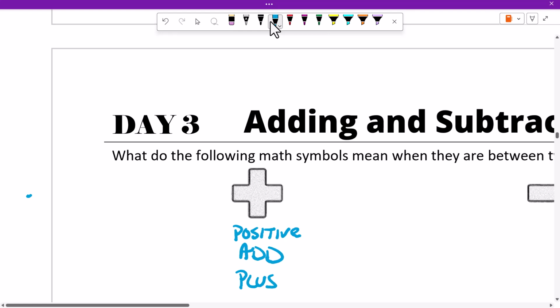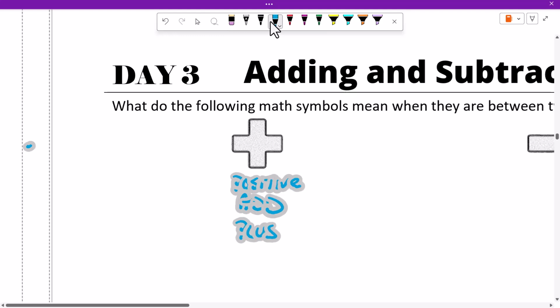Anything else? I can think of one more. Addition and add are the same word, one's just an abbreviated version of the other. It starts with S. Can you think of it? Sum.